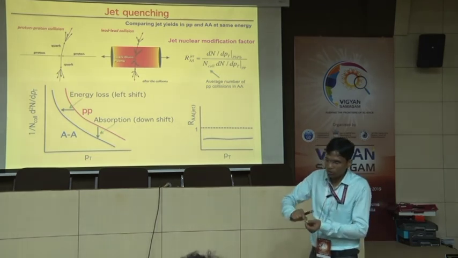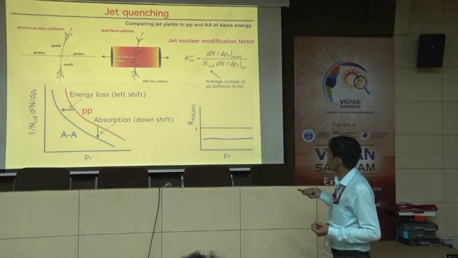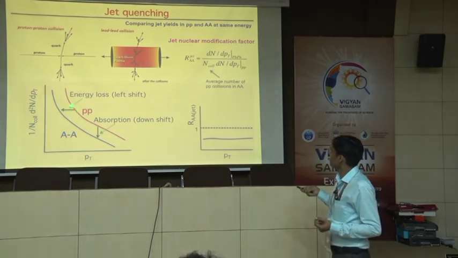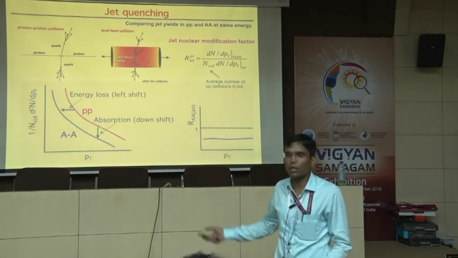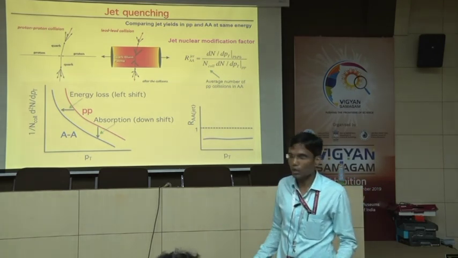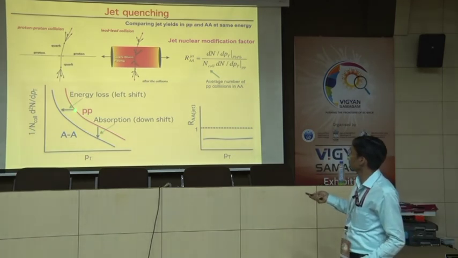Because while passing through the medium, jets will lose energy. So the number of jets which were having this PT, transverse momentum, let us say energy, call it energy.